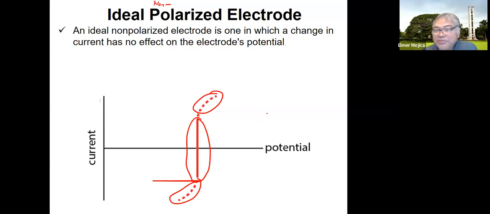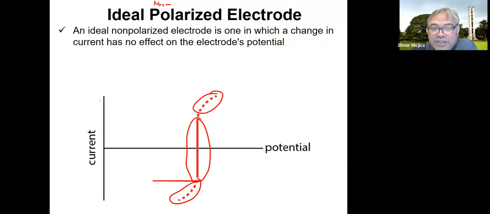So this is where you use it for the stripping analysis. So you find the potential where it's going to generate current. So you're going to apply that certain potential and then look at the current that you have.